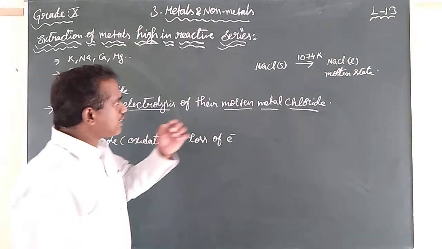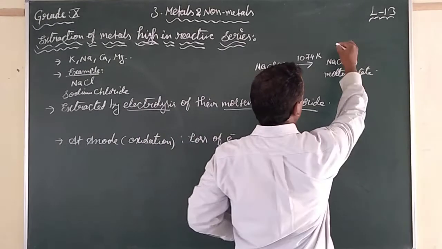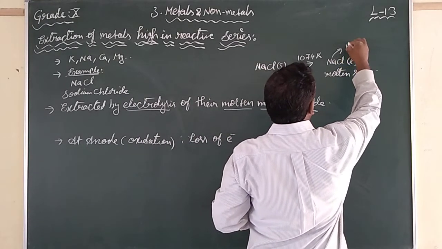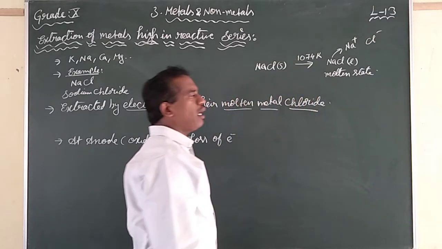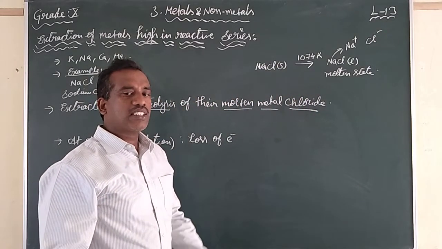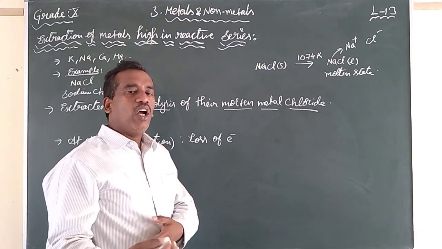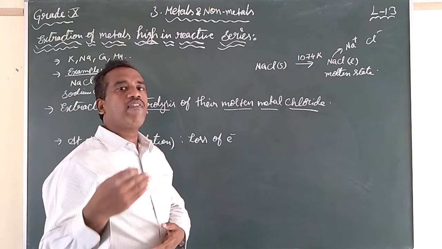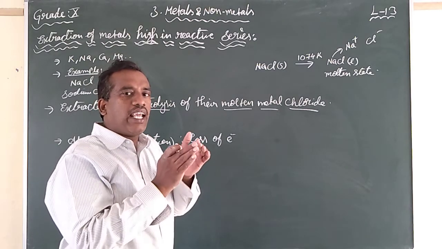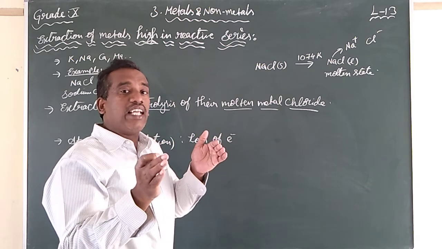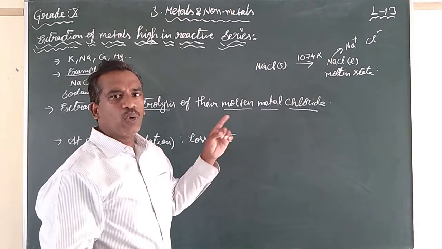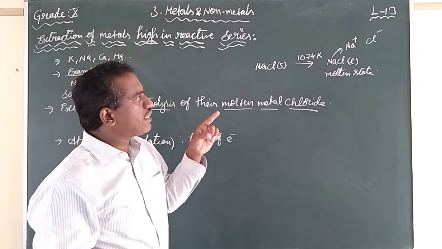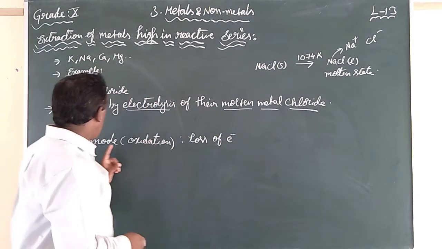Now when we study sodium chloride in the molten state, it is present as Na+ and Cl−, because the supplied heat energy overcomes the forces of attraction, so they are apart from each other in ionic form. Which is the negative ion, sodium or chloride? Chloride is the negative ion.